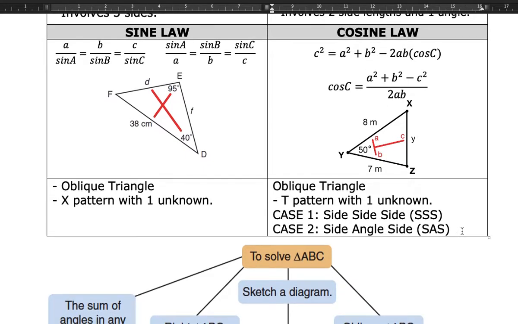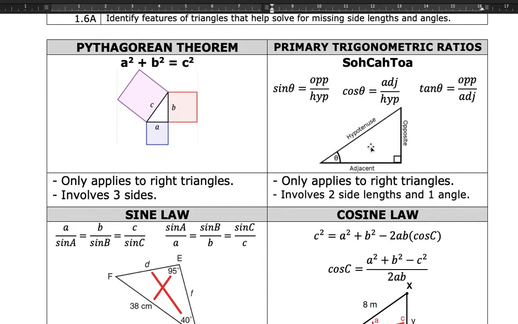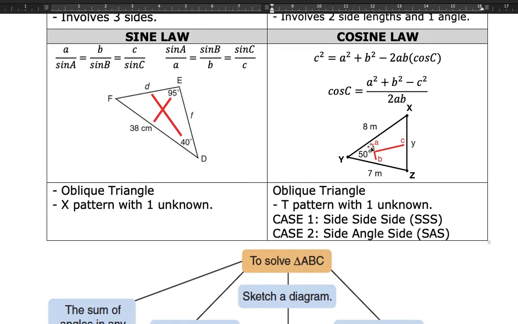Next, sine law and cosine law can apply to both right triangles and oblique triangles, but the previous two examples do not apply to oblique triangles, which means if it doesn't contain a 90-degree angle, we can't use these formulas. So sine law has two different versions, and the only difference is that a is in the numerator, and a is a side length.